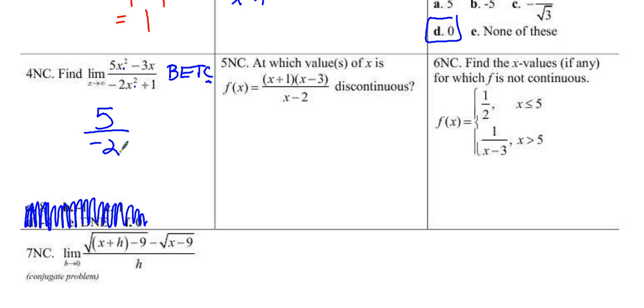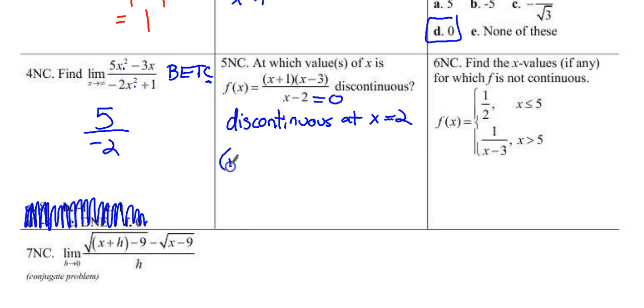So, number 5, at what values is this function discontinuous? Well, the only time this denominator equals 0 is when x equals 2. So it's discontinuous at x equals 2. So let's write that. Discontinuous at x equals 2. And it asks what type?